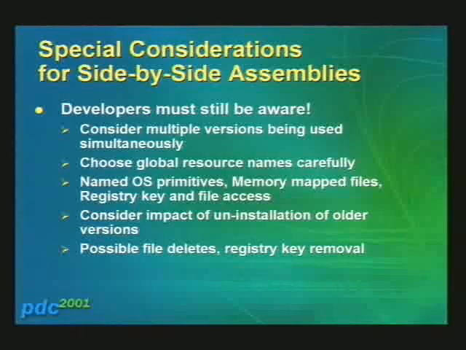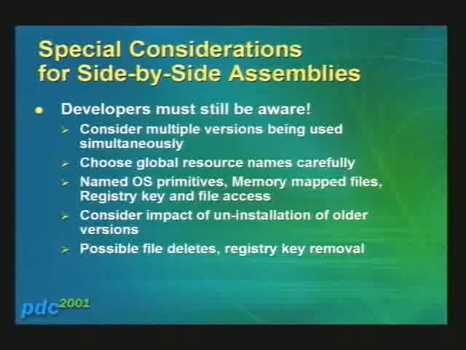And so if you're doing anything like using OS primitives, like using named resources or things like memory map files, or using a named event, for example, you need to make sure that those resources are version specific so that when you run your version 1 assembly next to your version 2 assembly or version 3 assembly, you're not stepping on each other's resources, right?